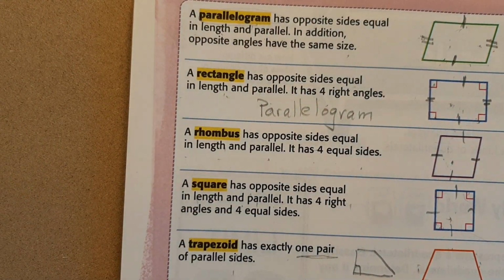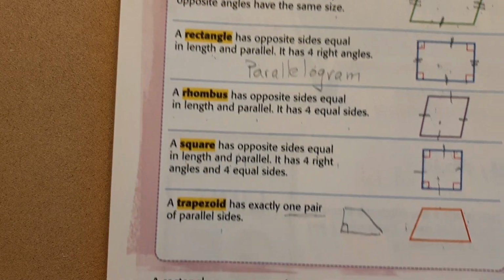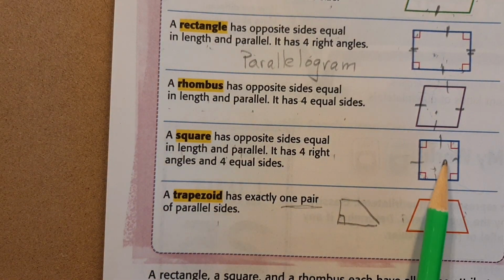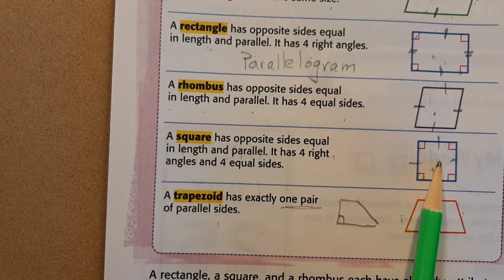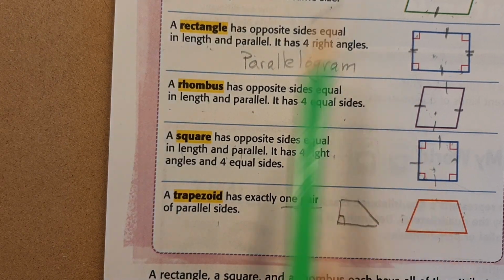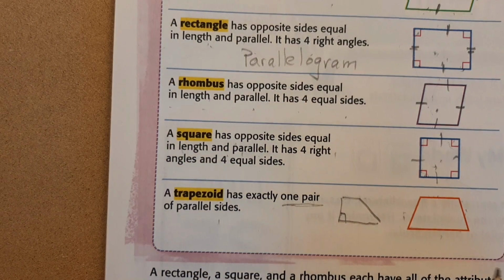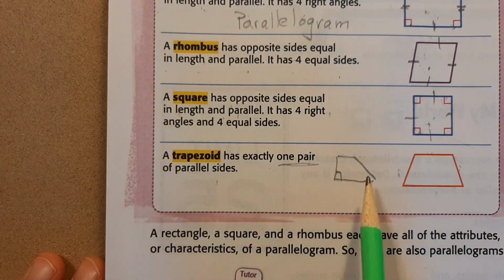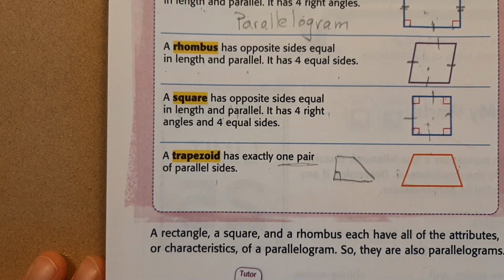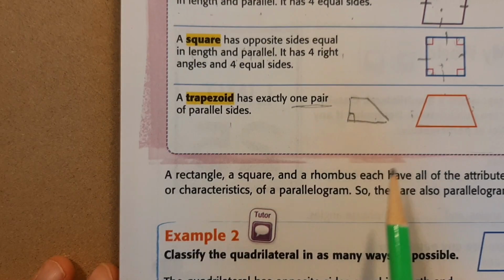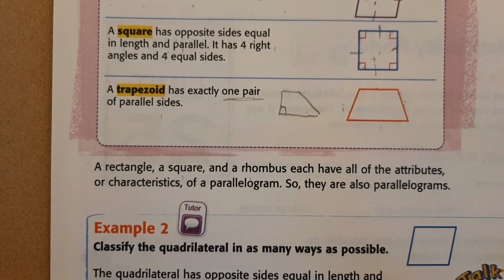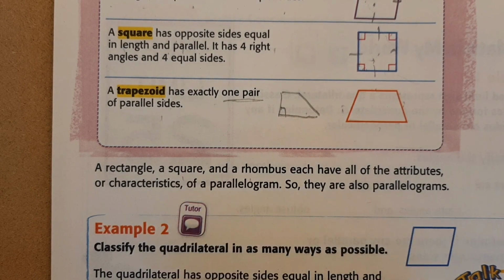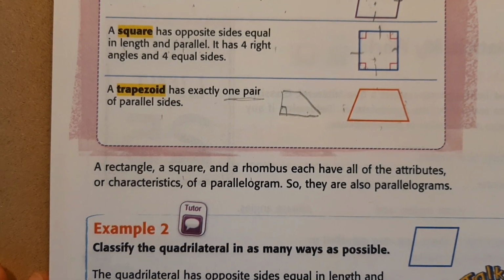So as you do some of these exercises, you're going to have to classify all the things something is. So this is a square, it's a rhombus, it's a rectangle, it's a parallelogram. Trapezoid has 1 pair of parallel sides. And it says here, like I said, a rectangle, a square, and a rhombus each have all the attributes or characteristics of a parallelogram. So they are also parallelograms.